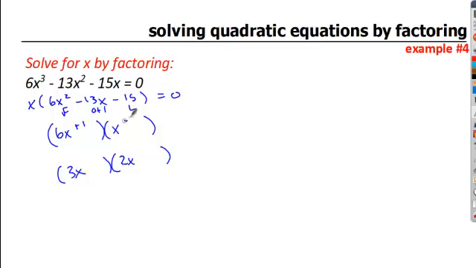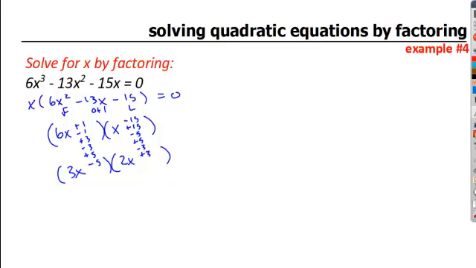So plus 1, negative 15, negative 1, positive 15. And then we have to look at all the different factor combinations. So 3 and 5, so plus 3, negative 5, negative 3, plus 5. And then finally, plus 5, negative 3, negative 5, plus 3.